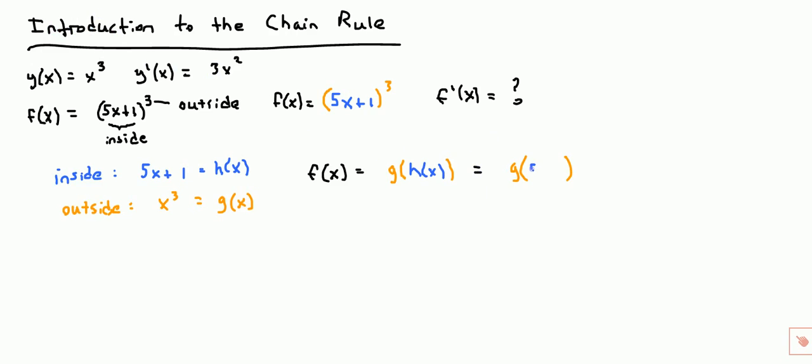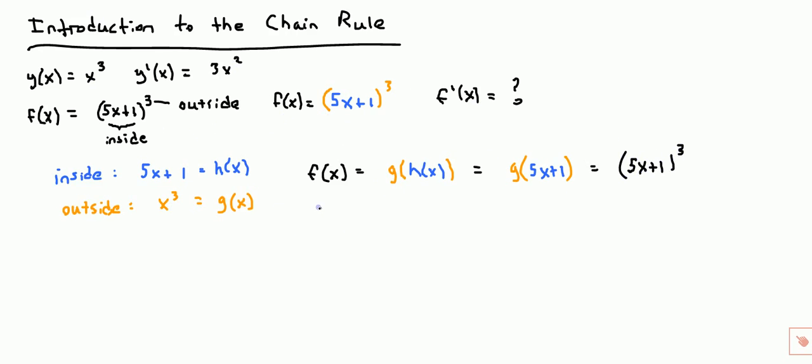So g of 5x plus 1. G of anything is that thing cubed. So g of 5x plus 1 is 5x plus 1 cubed. Yep, that's exactly what we're working with. So f of x is g of h of x.